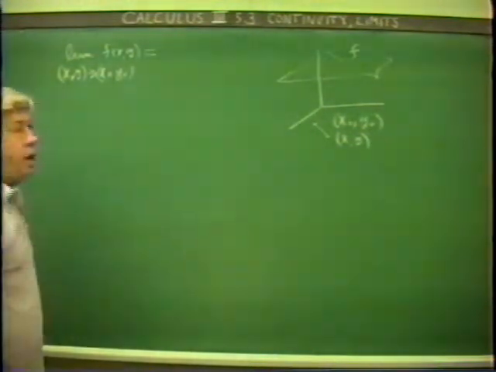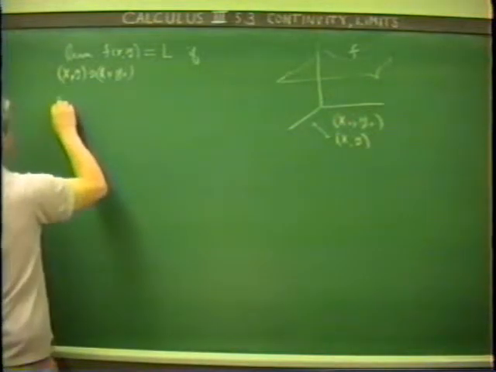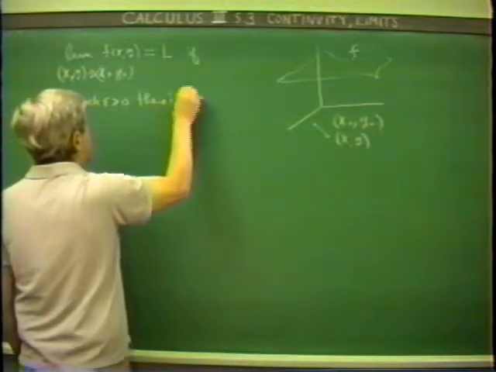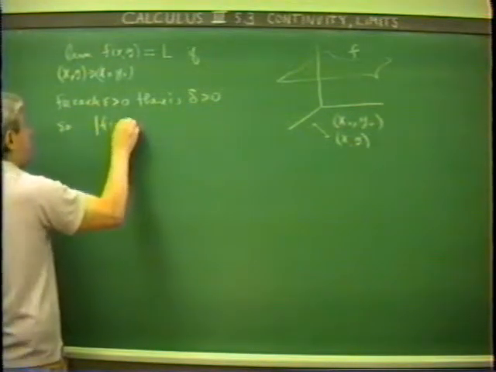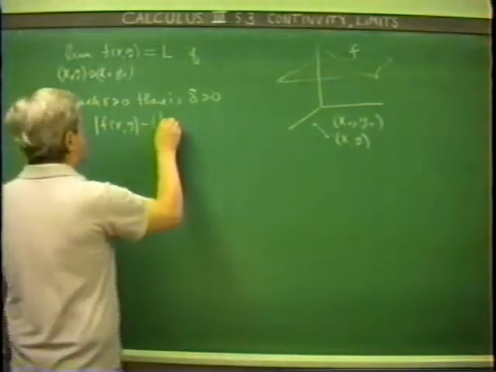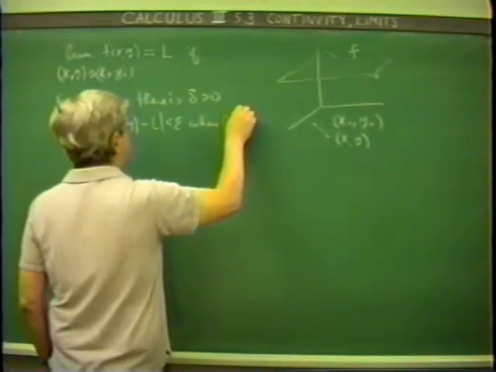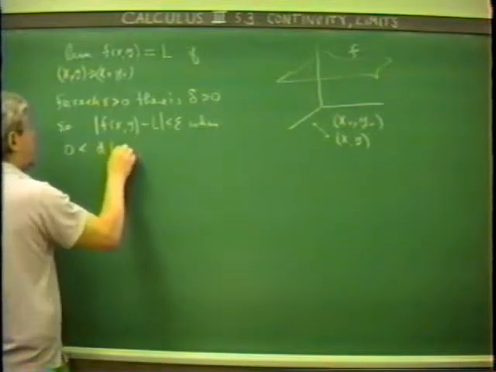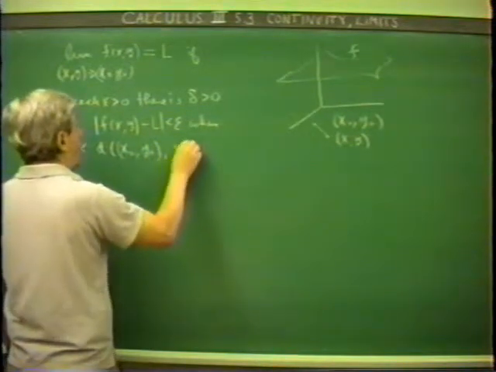Well, the definition of this is going to be analogous to that for functions of one variable. Let's just say this is going to be equal to L if for each epsilon greater than 0, there is a delta greater than 0, so that the distance from f of x and y to L, that's to say absolute value of f of x and y minus L, is less than epsilon when 0 is less than the distance from x naught, y naught to x, y.